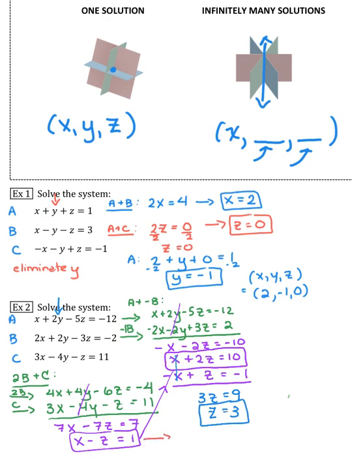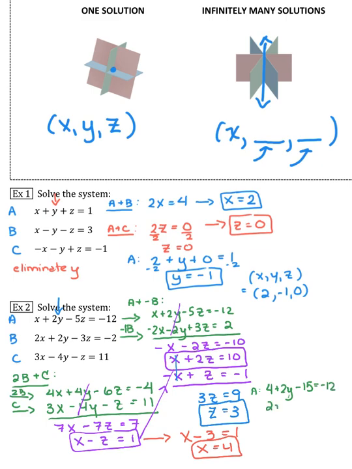I'm actually going to go to this equation for my back substitution because I only want one other variable to work with. So I'm going to solve for x. x minus, I now know that z is 3, equals 1. So x equals 4. I have two of my variables. To get the third, I go back to my original equations. I can choose any of them. It doesn't matter. I'm going to go to equation A. I know that x is 4, plus 2 times y, minus 5 times 3, so minus 15, equals a negative 12.